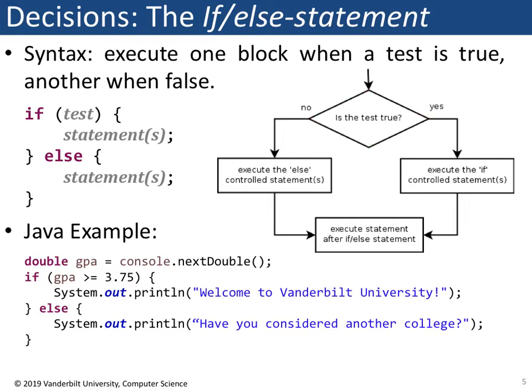So let's look at that in code. This is the way we would code exactly what we see on the right-hand side in the flowchart. This is an if statement. If this test is true, so if it evaluates to a Boolean value of true, then we will do whatever is enclosed inside of the curly braces here.